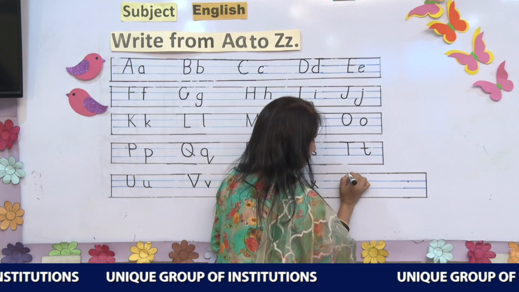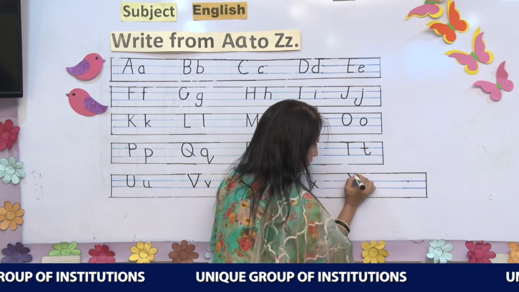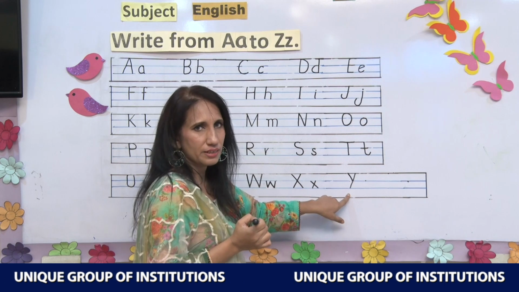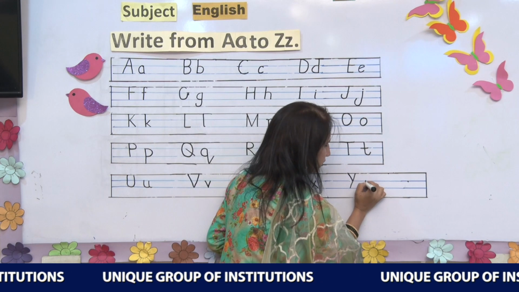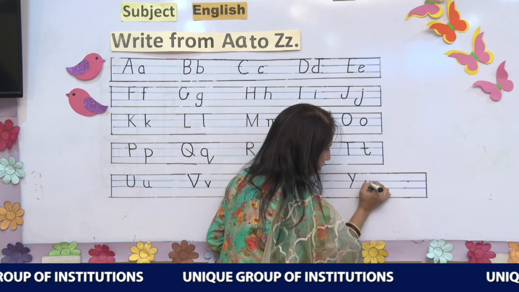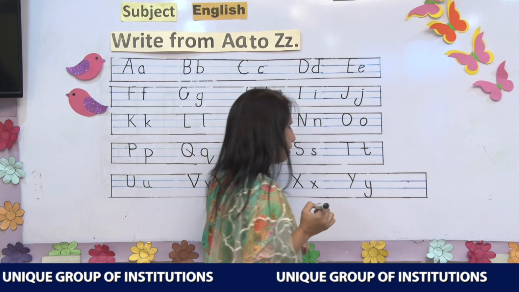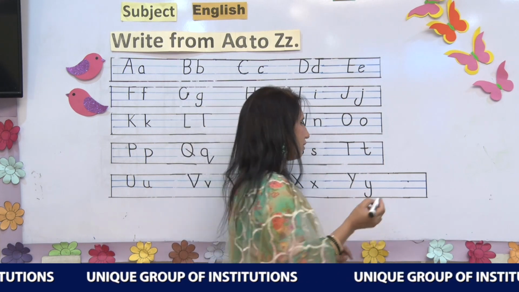For Y, make a slant line and make another slant line in the three lines, and this is your Y. And for the small one, we will utilize the last three lines. This is your Y. Next, our last letter is letter Z.